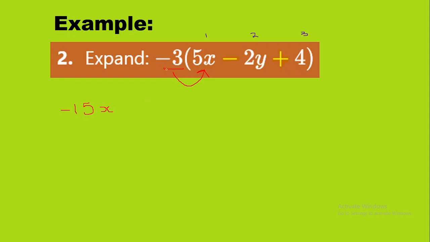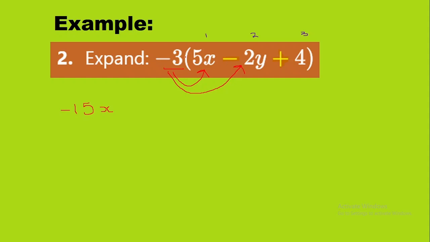Then we have our next term. After we have finished multiplying the 5x, we'll multiply negative 3 by the second term. So negative 3 times negative 2y, because the minus sign in front of the 2y means that it is a negative 2y.